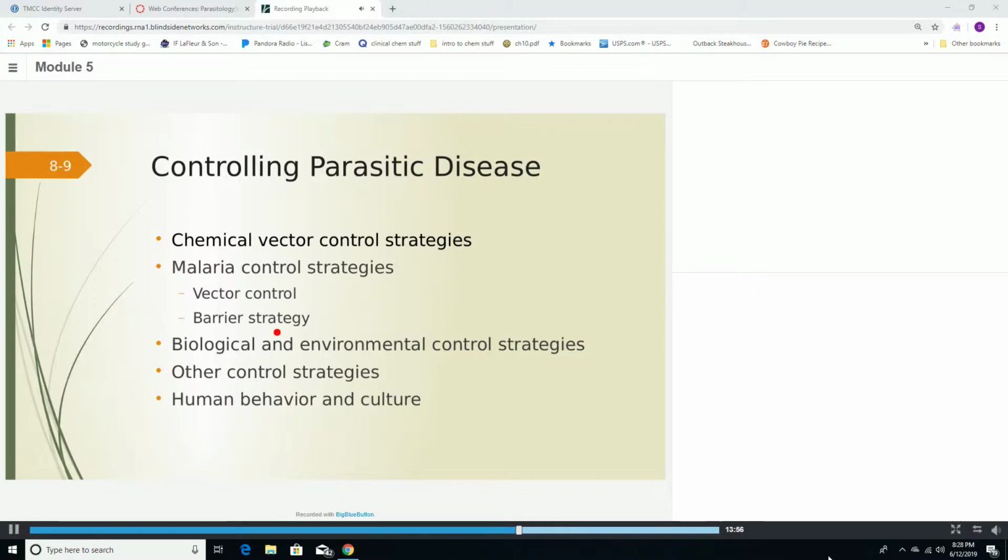So, other control strategies. I just mentioned that there might be a vaccine available, and I wasn't sure which parasites might have one, but then I looked through the book, and the Schistosoma species actually has a vaccine available to prevent infection with those diseases.